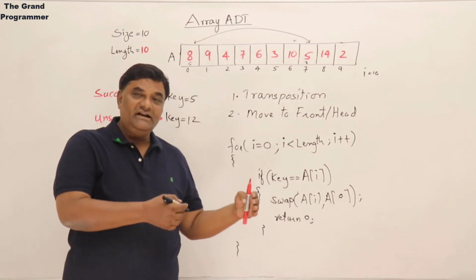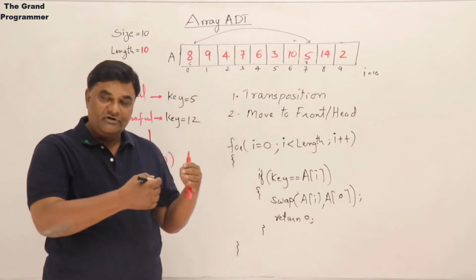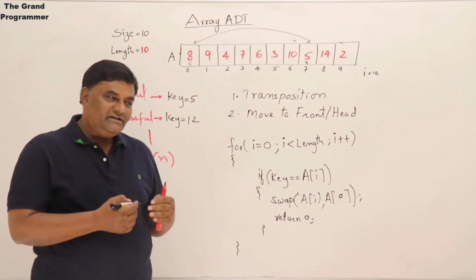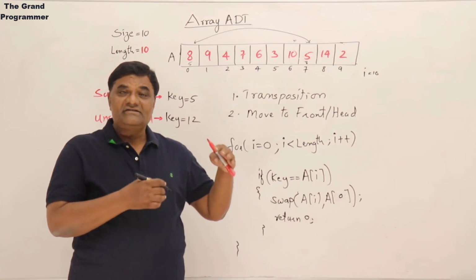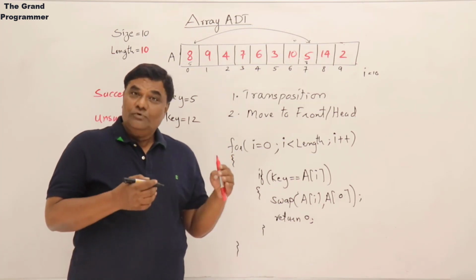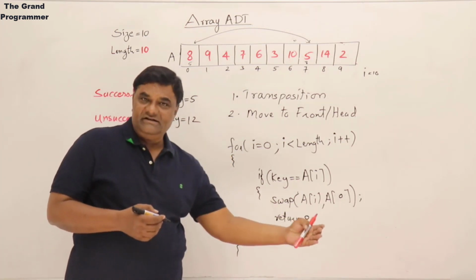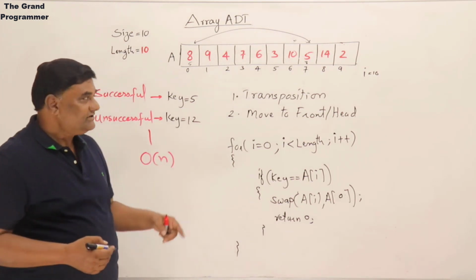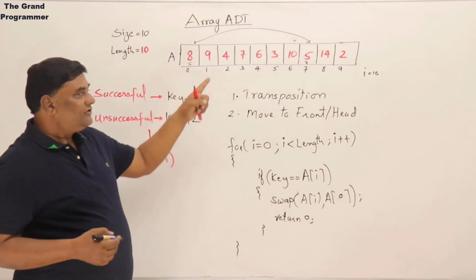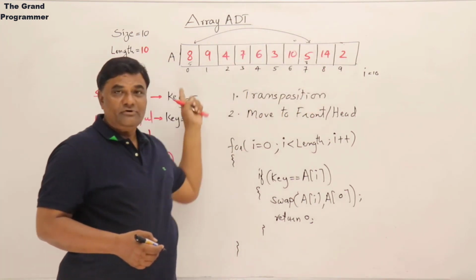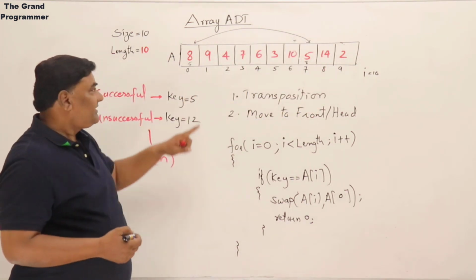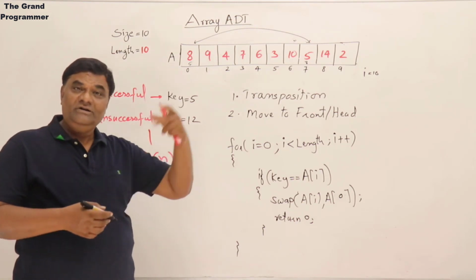In transposition, the elements will be moving slowly forward, or if an element is not searched, it will slowly move back. This is how it behaves. In move to front, if the element is searched, it is brought directly into the first position. Suppose now if you search for 2, then 5 will be sent to index 9 and 2 is brought here. So we don't know where the present element like 8 will be thrown away.